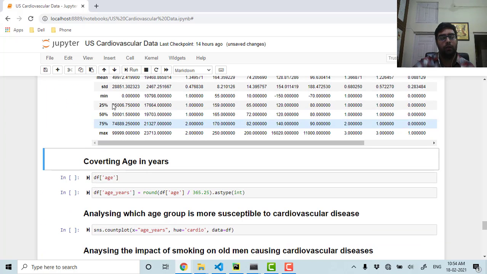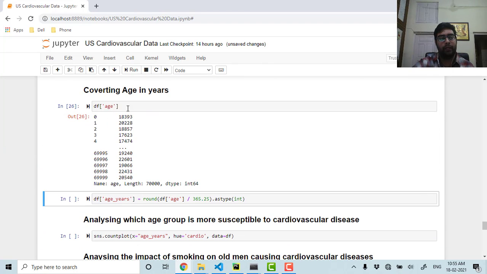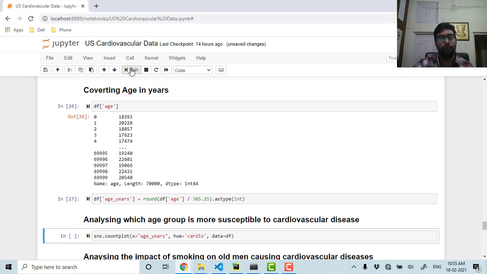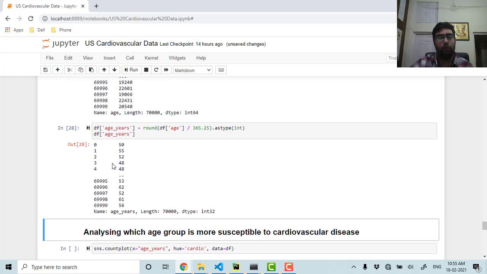So let's get the age factor and then convert that into years. So I have converted them into years. So let's view the age in years. So now we have our age in years.